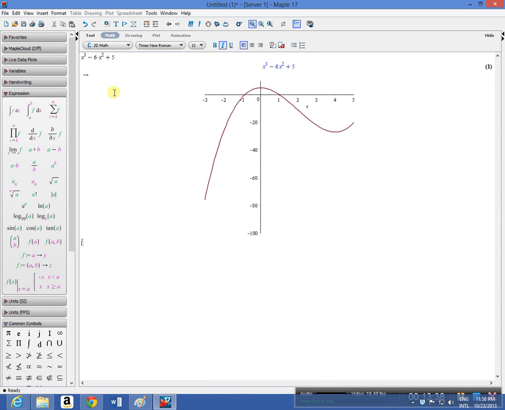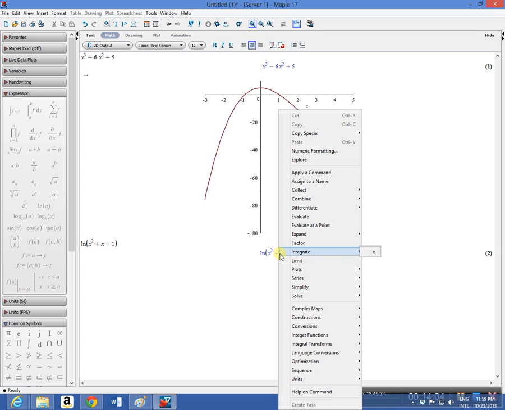Natural log of x squared plus x plus 1. Oh, that didn't work. I missed the squared. Okay, better. Now let's plot that guy.